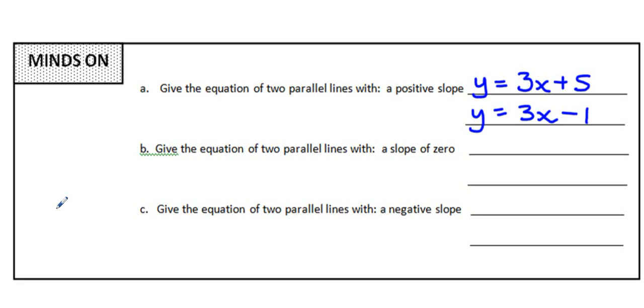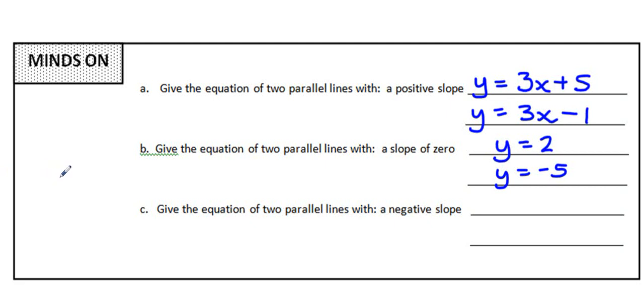Okay? So give the equation of two parallel lines with a slope of 0. This would be something like this. y equals 2. That's got a slope of 0 because there's no x term. And another line that has a slope of 0 is y equals negative 5.